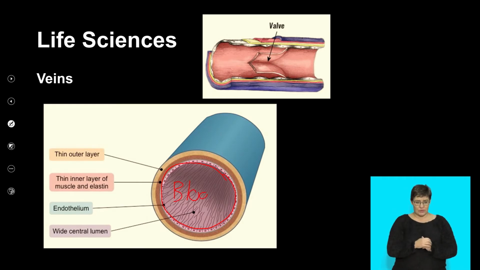Remember, it's got to come all the way up, from your tiny little toe. But look at this very thin layer of muscle. A vein has a very thin layer of muscle in it. If I had made it, I would have thought veins would have the muscle to get things up, but they don't.